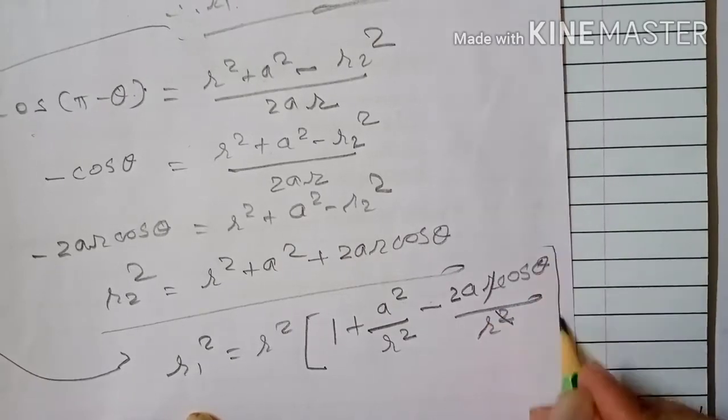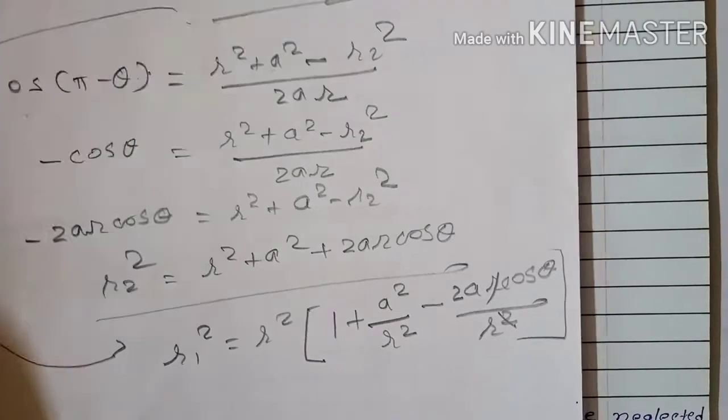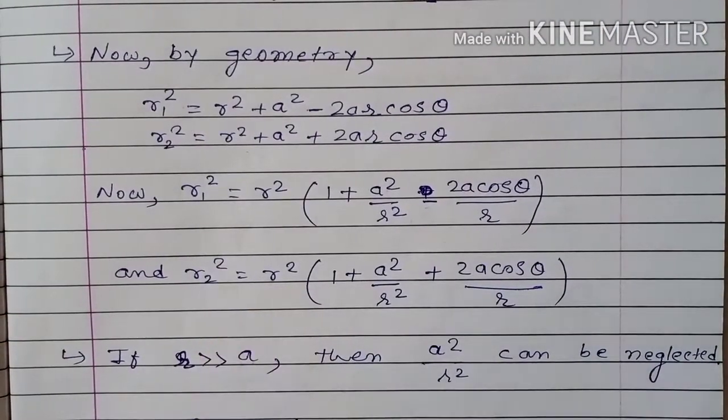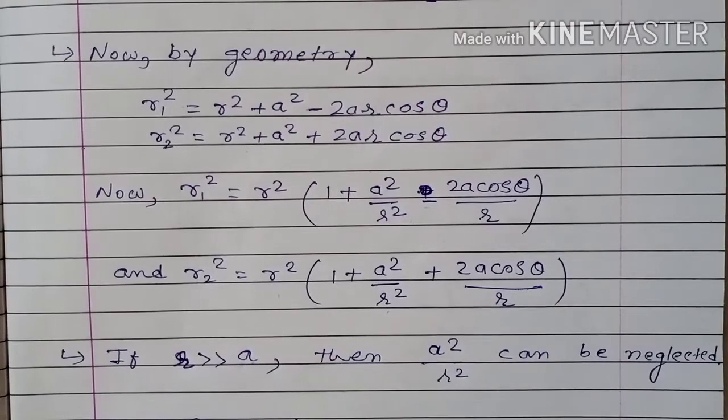R will get cancelled. What will remain? 2a cos theta upon r. In the same way, r2 square is equal to r square times 1 plus a square upon r square plus 2a cos theta by r.